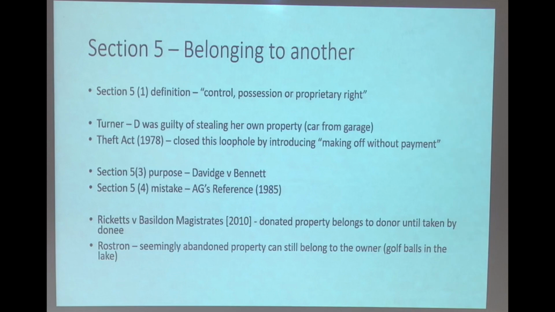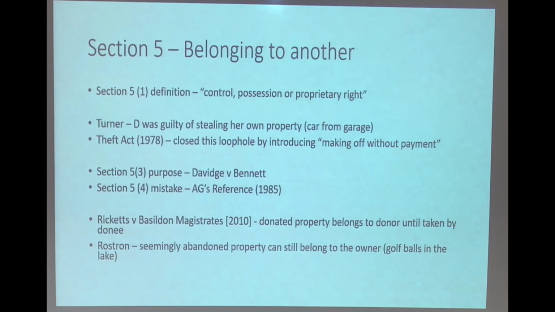There are two other cases there that can come up as well. So Ricketts v Basildon Magistrates, quite a common case to be relevant. That was where they left a bag of clothing for a charity and someone took it, and it was an issue as to who it belonged to, and it's very clear that it belongs to the donor, until it's taken or picked up by the donee.